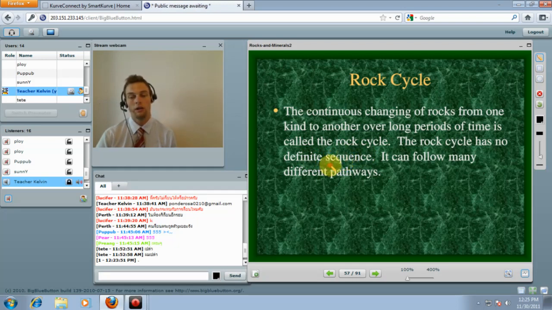But we do know that rocks are continually being weathered. They're continually being eroded. They're deposited. They're compacted. They're metamorphosized. They are exposed to all these different forces, and if you look at them from a long period of time, you have the rock cycle.